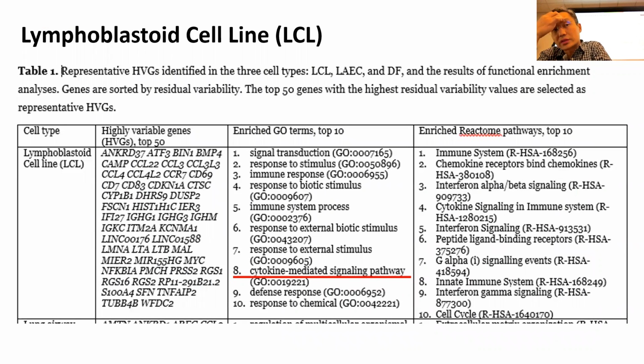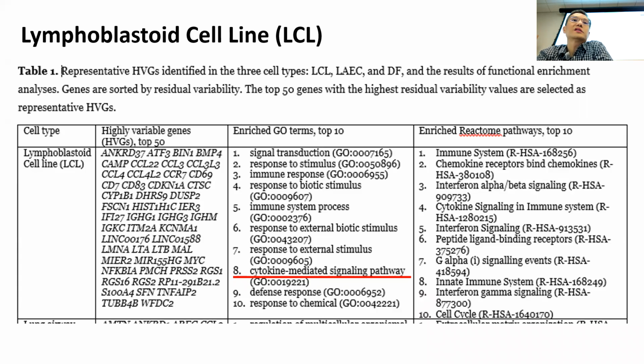So let's look at what genes are highly variable genes in lymphoblastoid cell lines. So those are the top 50 highly variable genes we detect after this filtering of cells to keep a consistent, homogeneous population.